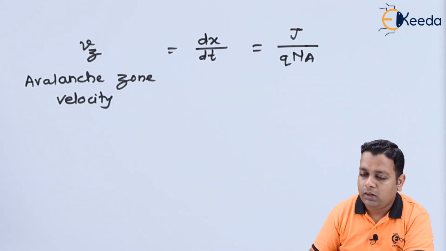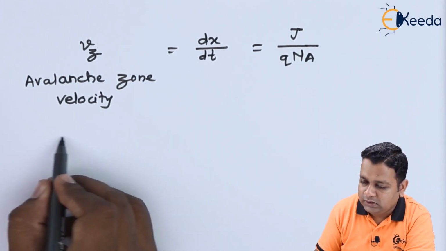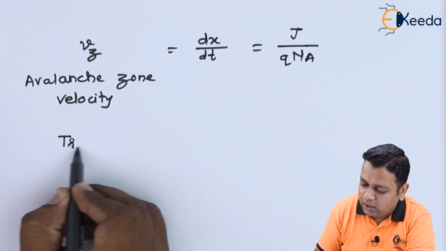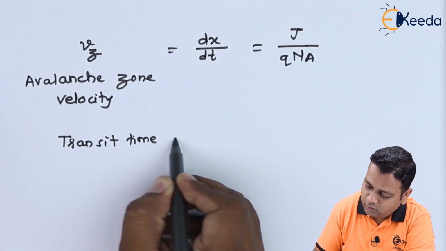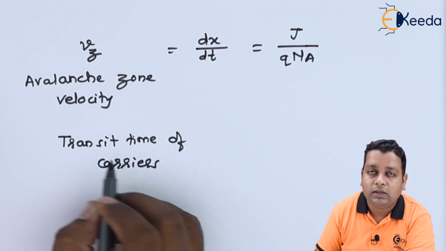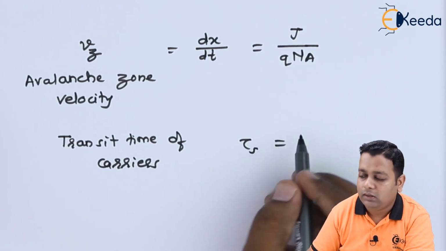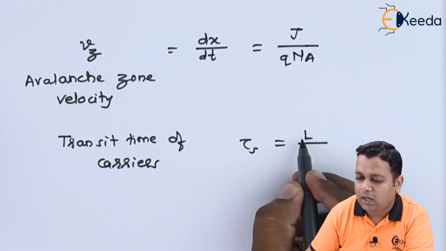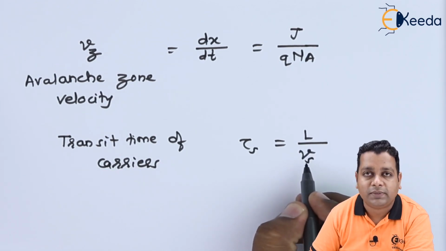Next to that, in terms of time, we can say the transit time of the carriers. Transit time of the carriers can be denoted by tau suffix s, and it will be the ratio of the drift length capital L divided by the velocity v suffix s.